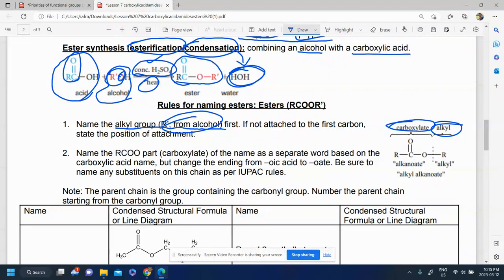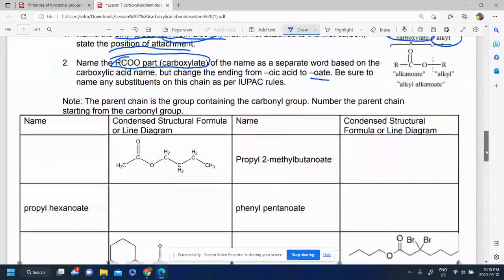And if it's not attached by the first carbon, you'll state the position of attachment. So is it on carbon number 2, 3, or 4? And then you're going to name the carboxylate part, the part that comes from the carboxylic acid. And rather than name it as a carboxylic acid, you're going to change the ending to -oate. So instead of pentanoic acid, it's pentanoate. And then if there's any substituents on that, just make sure that you list the substituents before naming the parent chain. So let's go into a few examples together.